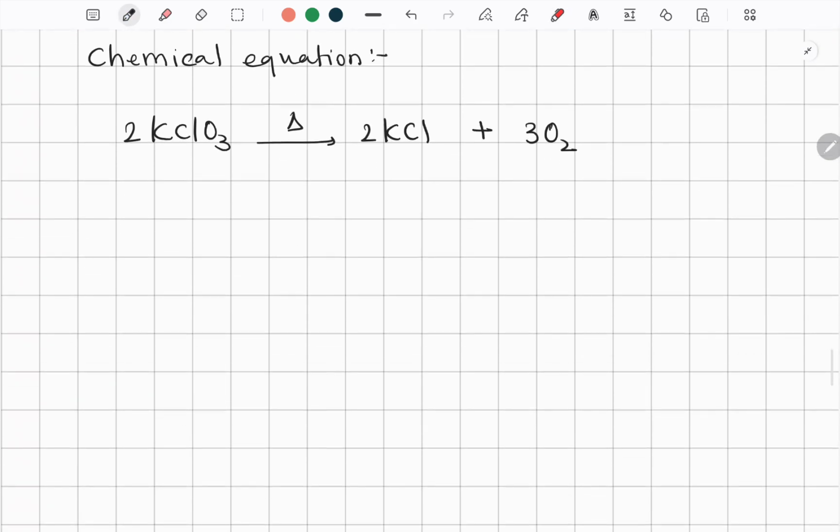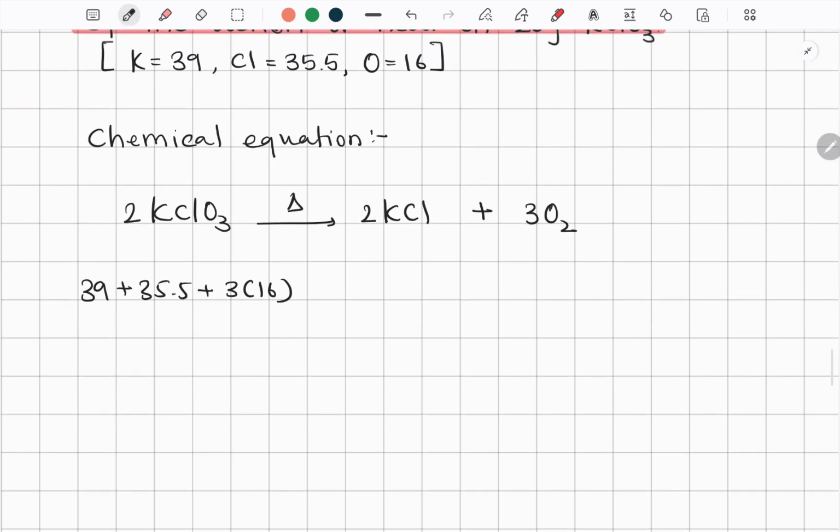First of all, what is the mass of KClO3? Potassium is 39, chlorine is 35.5, and there are 3 oxygen, that means 3 into 16. And the whole part is twice, because there is 2 KClO3.